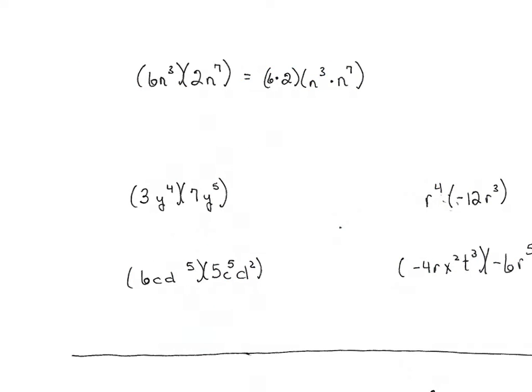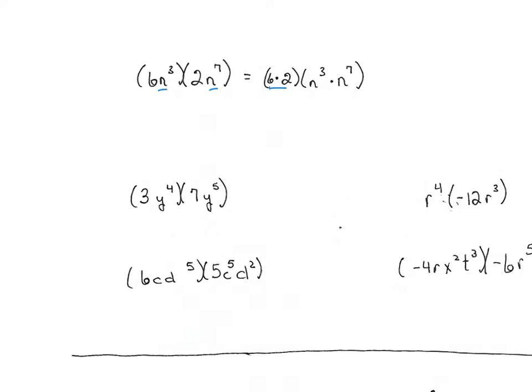All right, now let's look at something that's a little bit different. Notice here I have two monomials that I'm multiplying together, and we have to do a little bit of grouping, because with multiplication we can use the associative property. We can reassociate. So I associated the constant terms, and notice the bases are the same.